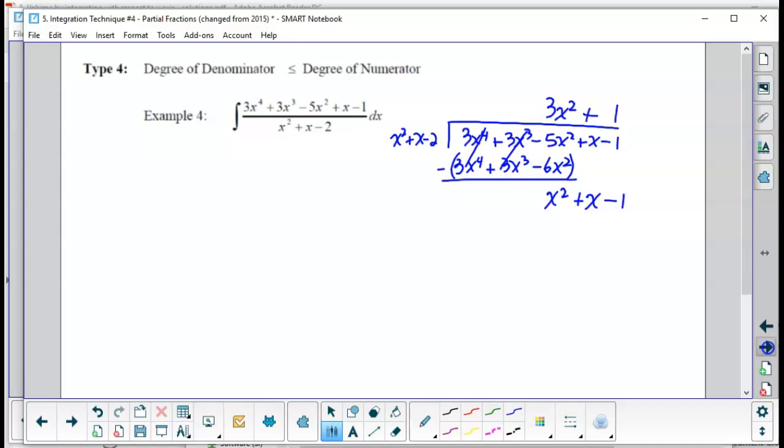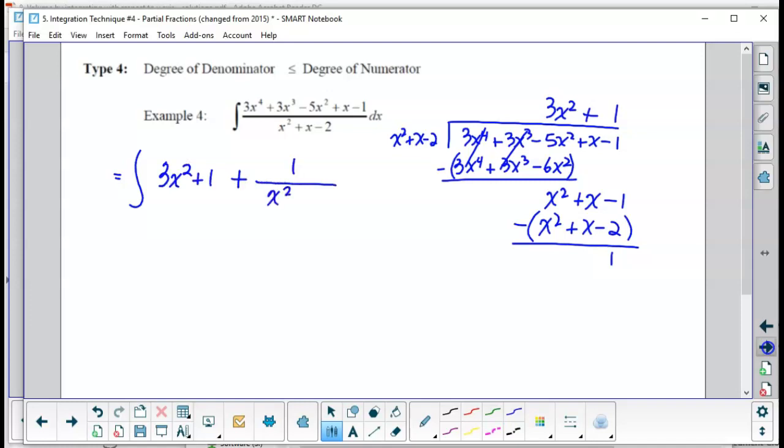So plus 1. Subtract, and that's going to be positive 1. So this is the same as, remember it's your quotient, plus your remainder divided by the original divisor. Okay. So this is going to be 3, actually you can bring 3 out.